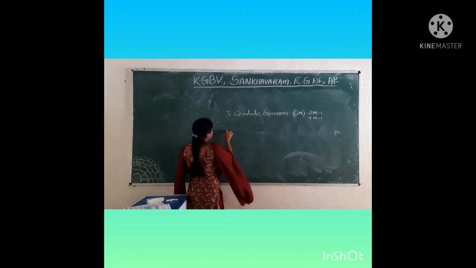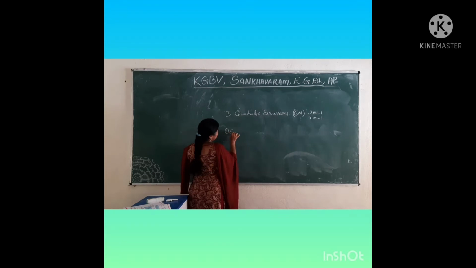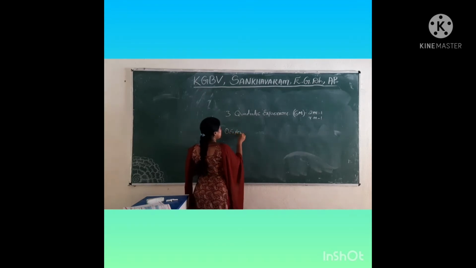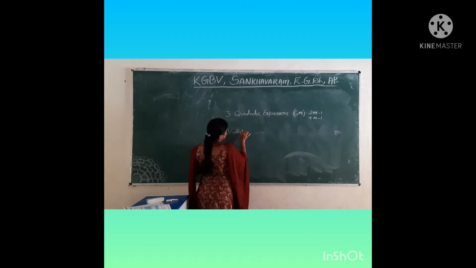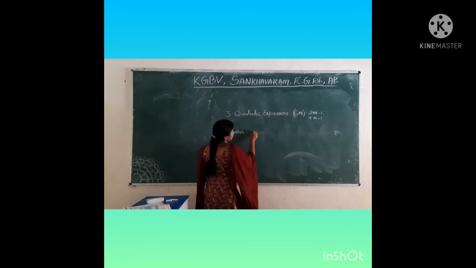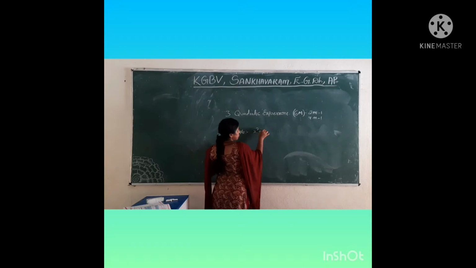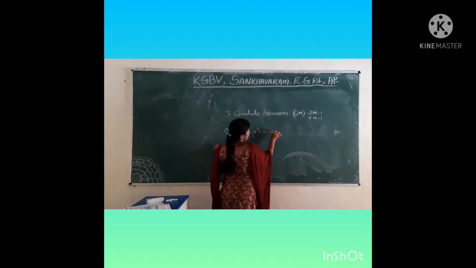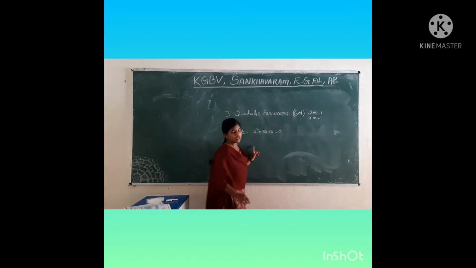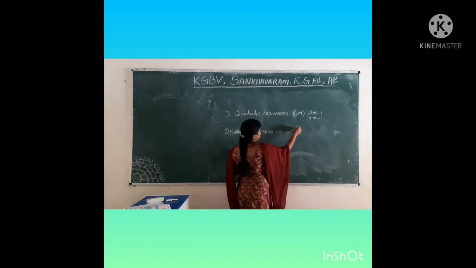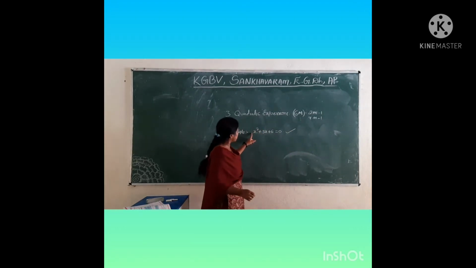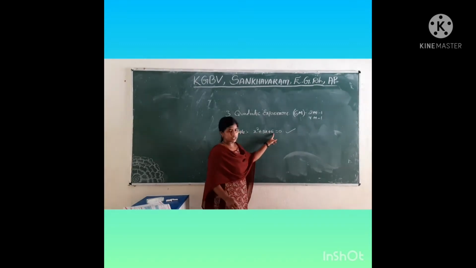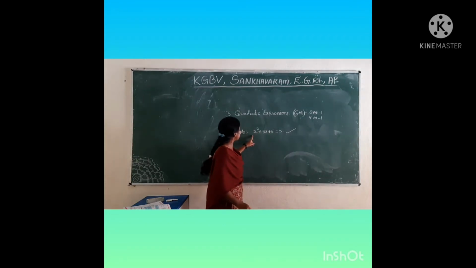we have x square plus 3x plus 6 is equal to 0. This is a quadratic equation. Why? In this equation there are three terms, the x square term, the x term and the constant term, and a is not equal to 0.